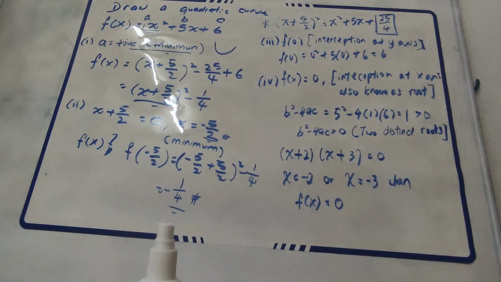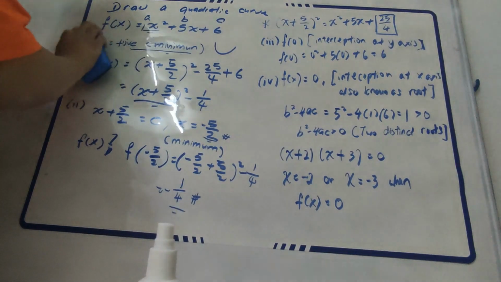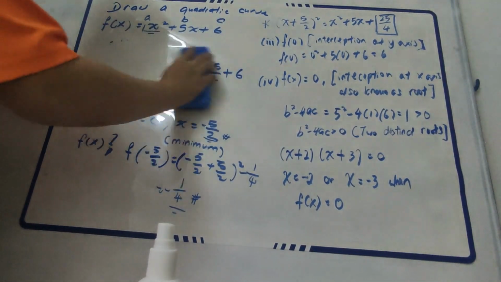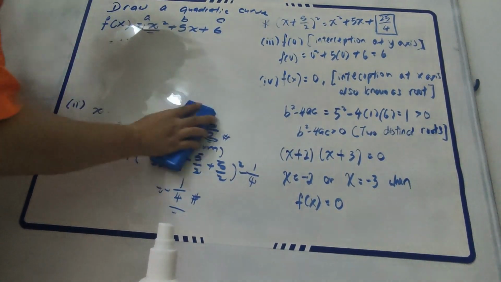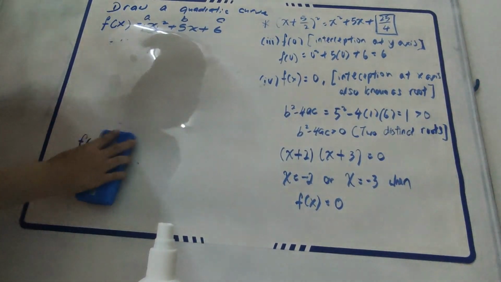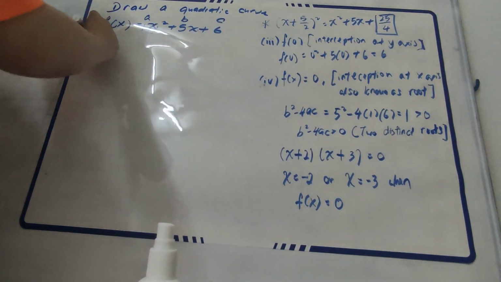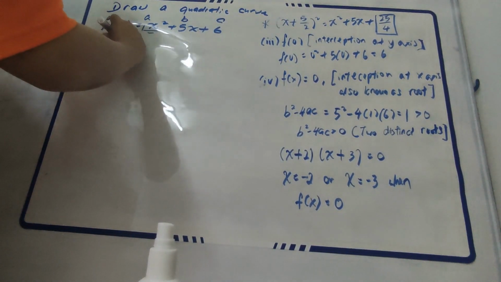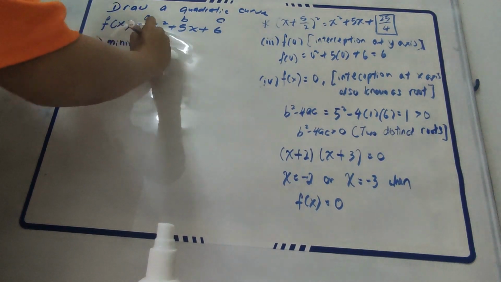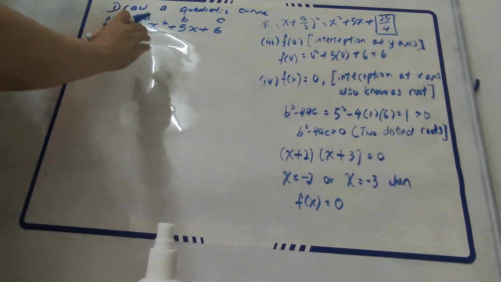Okay, so now I wrap up part of the work and jot down all the information to simplify it. First, you determine this is a quadratic curve with a minimum point.